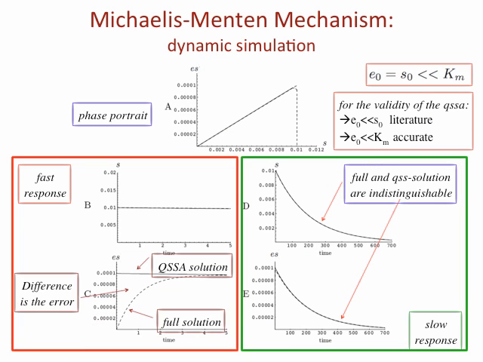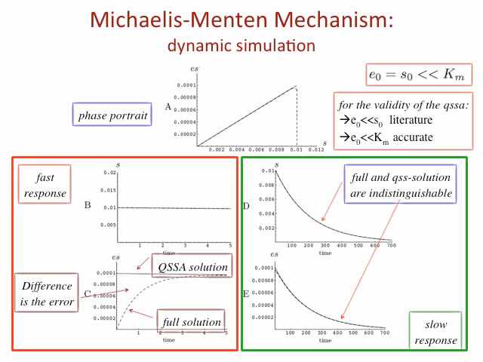Here is another simulation for a different set of parameters. Just as a historical note, the conditions stated for the validity of the quasi-steady state assumption were that the initial enzyme concentration, E naught, had to be much smaller than S naught, the initial substrate concentration.